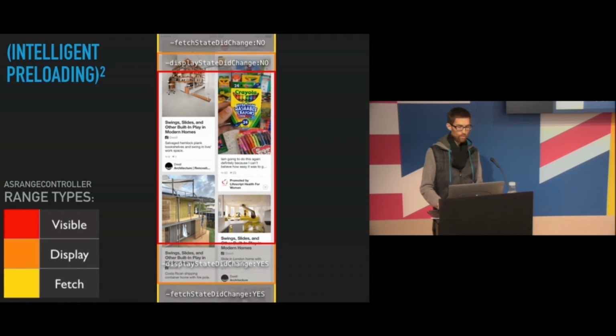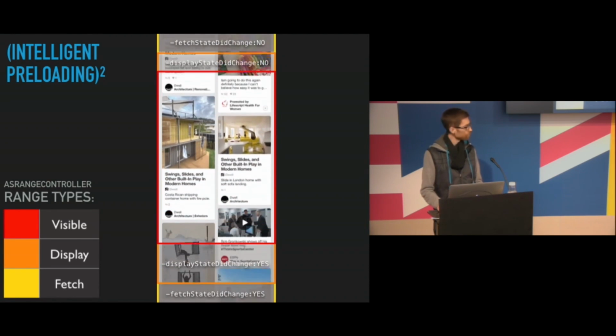If the user scrolls further, it goes into the display phase. A node in the display phase starts rendering text, gets the layer together, renders the layer, and assigns it to the node. In the visible area, at least one pixel of the node is visible. Those are the range types.